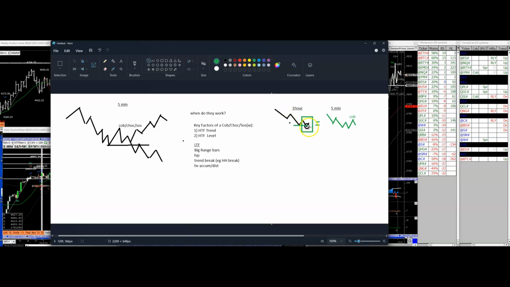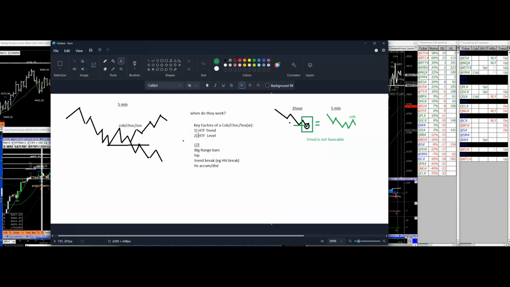Already it's in a downtrend, meaning trend is not favorable. Now, I'm not saying that you can't do counter trend moves, but the trend factor is not on your side. You're probably better off taking the upthrust up here instead of the spring.